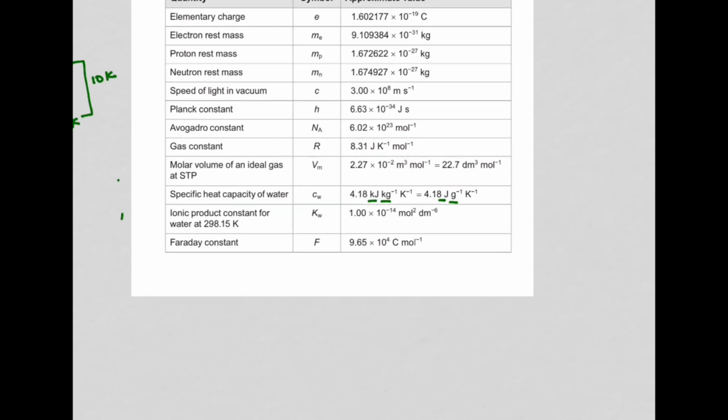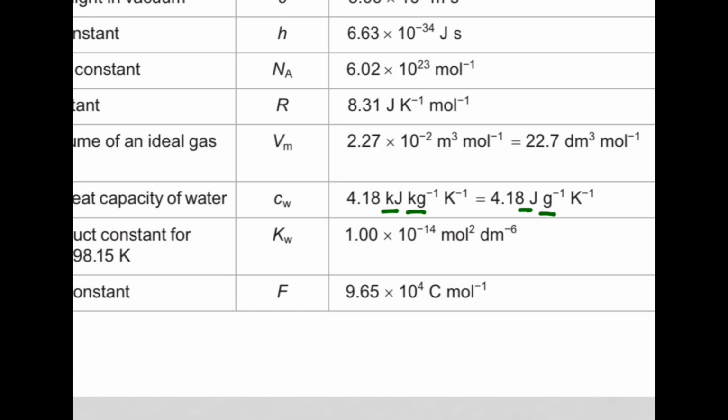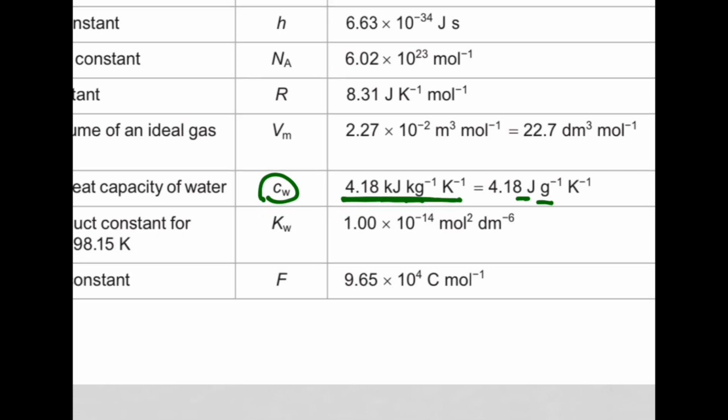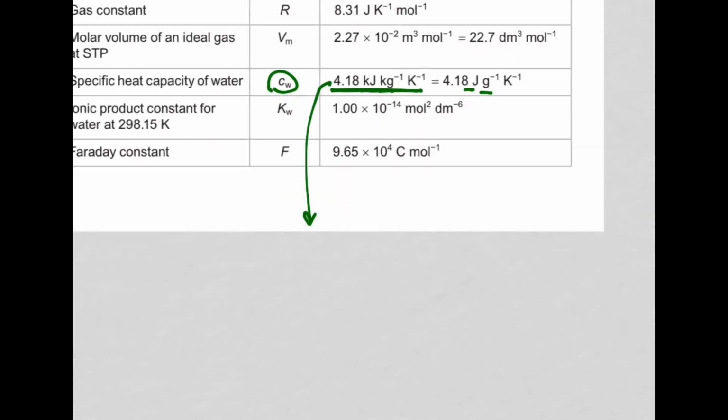If you use Cw in kilojoules per kilogram per Kelvin, your Q is going to be given in kilojoules, your m will be used in kilograms, and your temperature change will be in Kelvin.